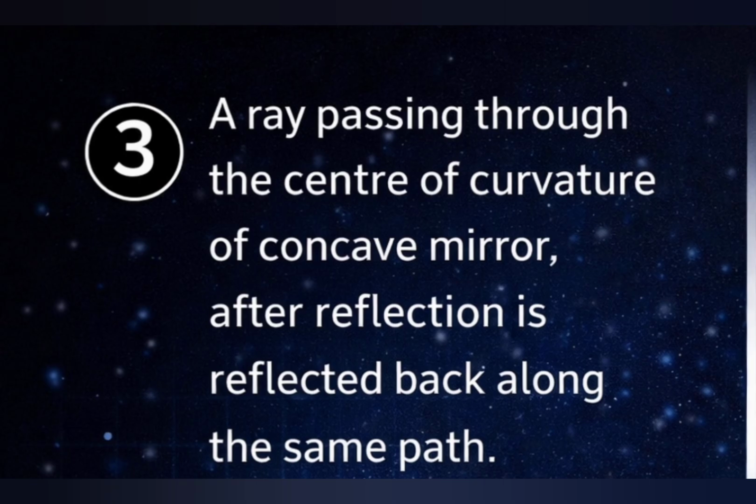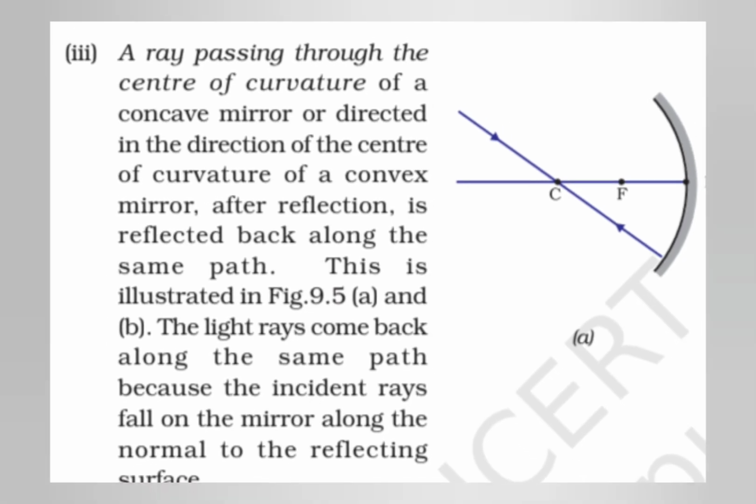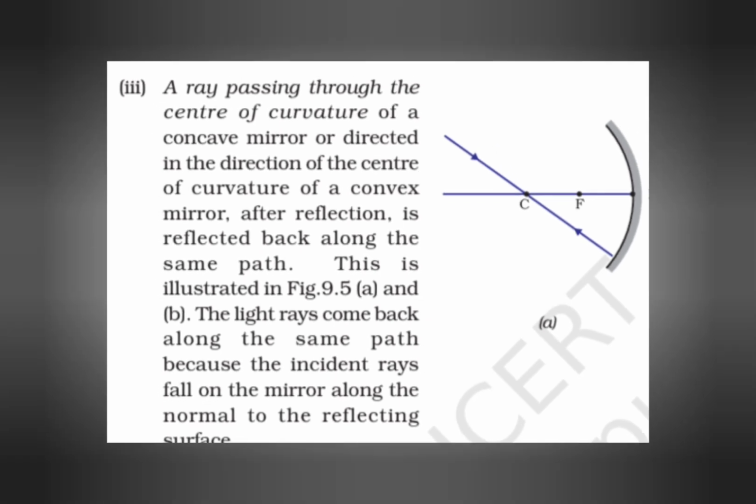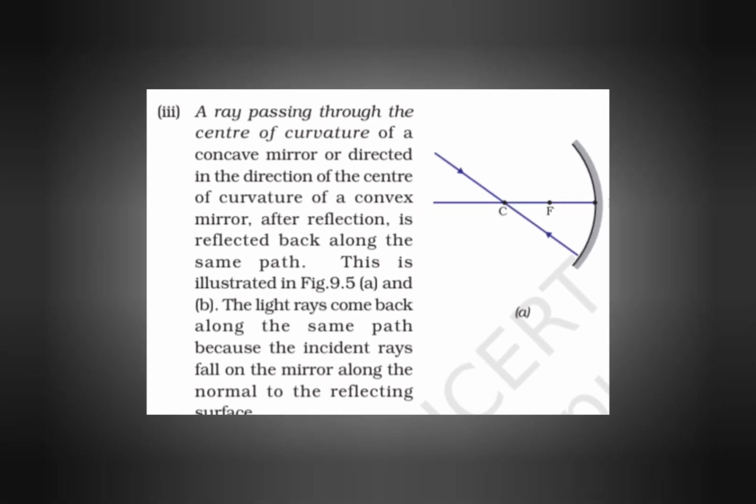Okay. Next, the ray passing through the center of curvature of concave mirror, after reflection, is reflected back along the same path. Okay, I'll repeat. A ray passing through the center of curvature of concave mirror, after reflection, is reflected back along the same path. This happens because it strikes the mirror normally.